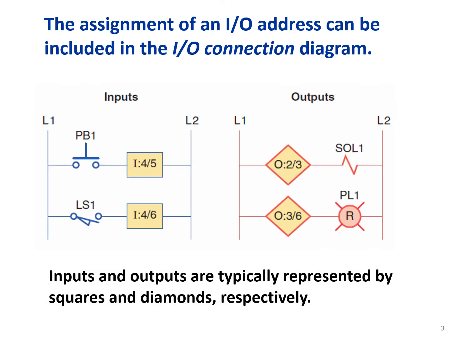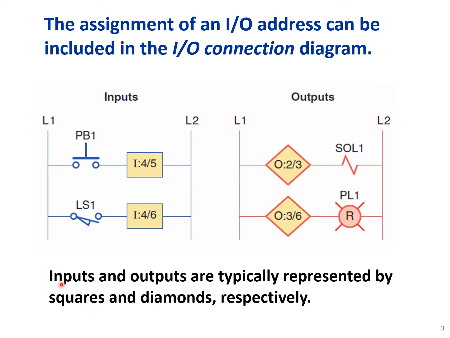The assignment of an I/O address can be included in the I/O connection diagram. So this is the I/O connection diagram, a physical connection of devices. Basically we are using squares and diamonds to show the bit address in the memory of these devices.